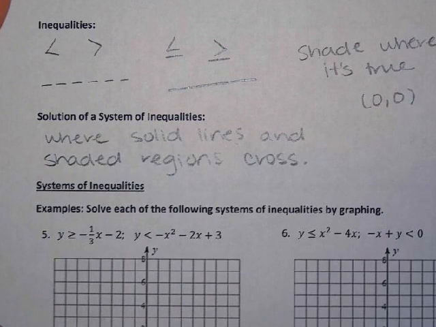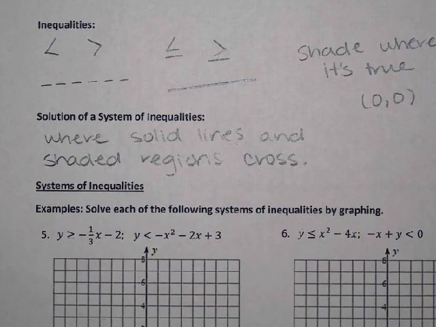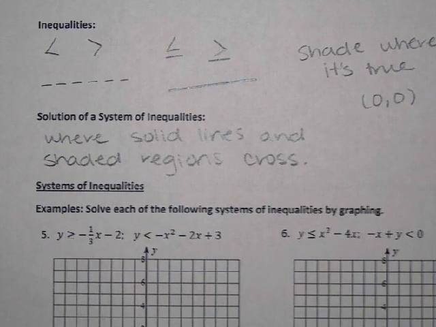A lot of times when two shaded regions cross, I call that a double shade because it's shaded twice. Doubly shaded. So when you have a solution here, you're not just going to have a single point, you're going to have a bunch of points, like a whole area, basically.